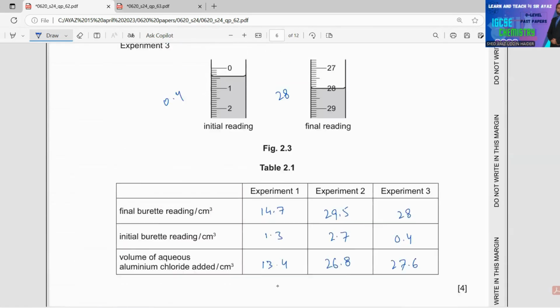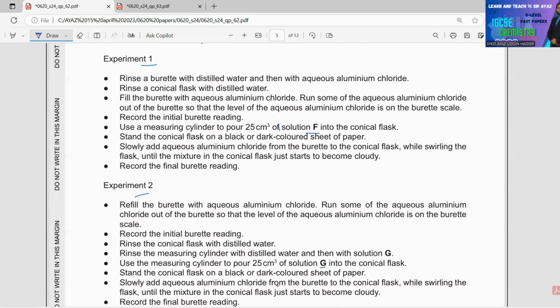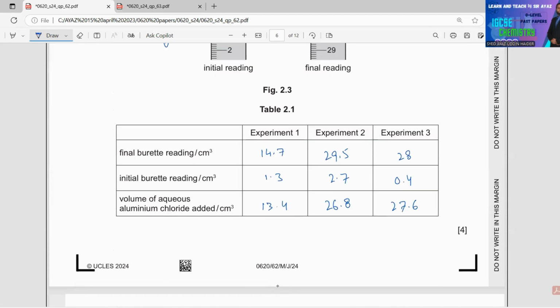So let's go to experiment 1 and 2. Here's experiment 1 and 2. See the relationship, 13.4 and 26.8.